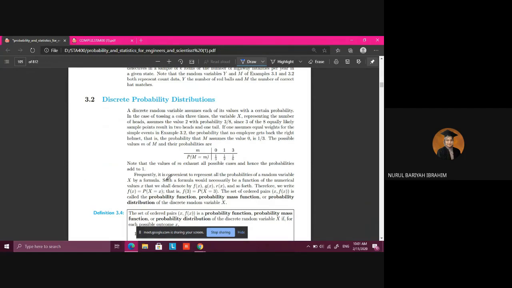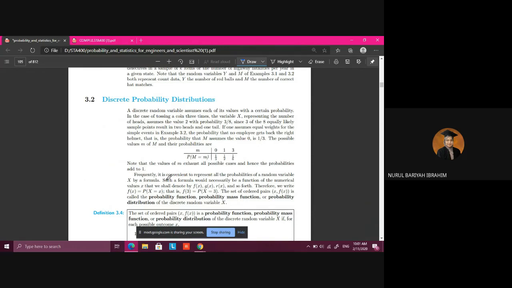Okay, at first tadi, macam saya cakap tadi, first you kena tahu dulu your experiment of course, and then dia punya sample space, and then you need to know what is the X, what is the random variable, and then what is the possible outcome from the random variables. Barulah you boleh create the probability distribution for discrete.